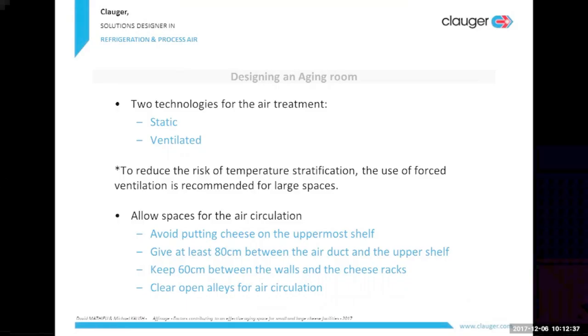So static cooling doesn't work for large facilities. You need to allow space for air circulation. So normally we don't put cheese on the upper shelves. We normally give at least 80 centimeters between the air duct and the upper shelves, and keep 60 centimeters between the walls and the cheese racks for air circulation.